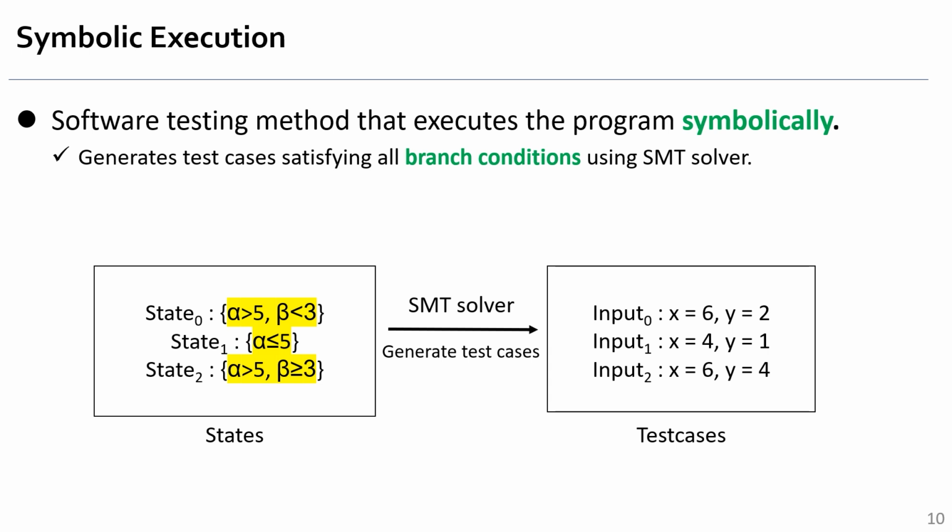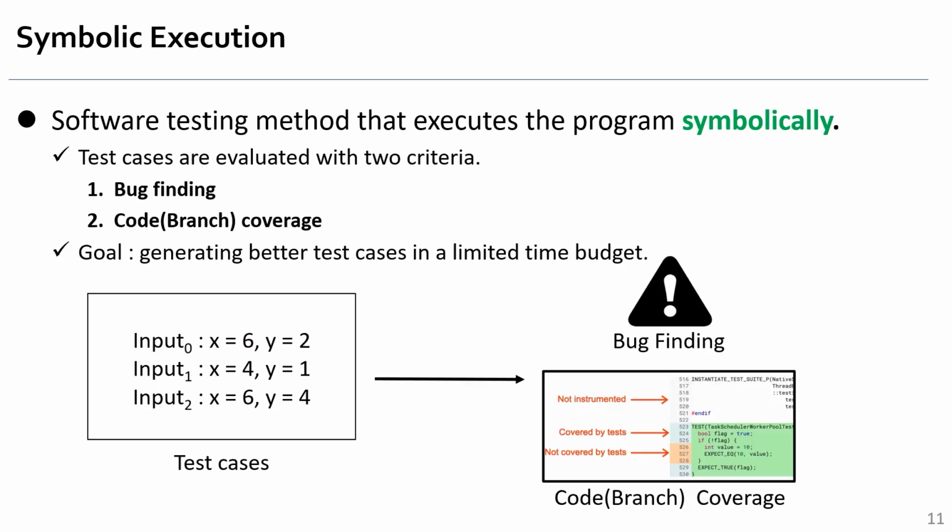I'm sorry for that. And finally, those generated test cases are evaluated with two criteria: whether they can find new bugs or they can cover more code areas than other test cases. And we can say the final goal of symbolic execution is generating better test cases in a limited time budget.